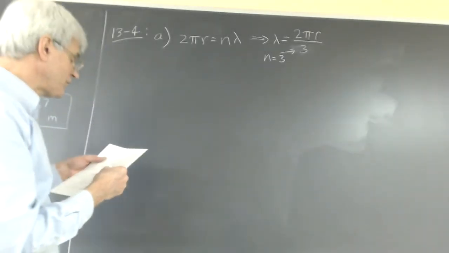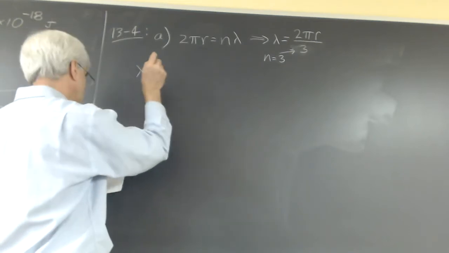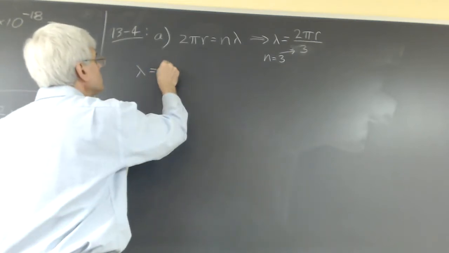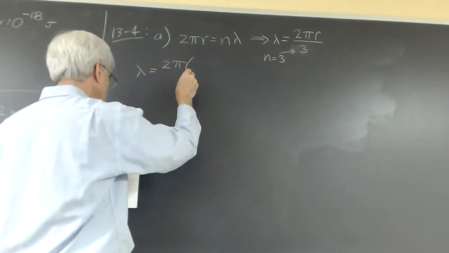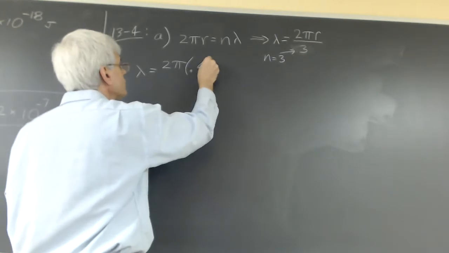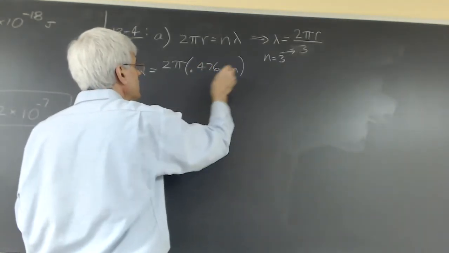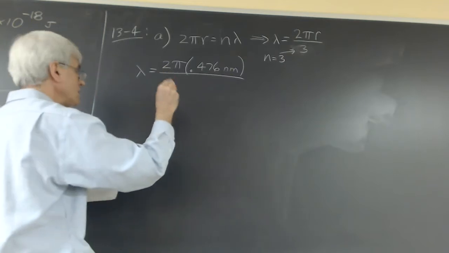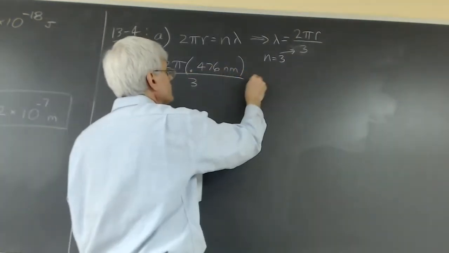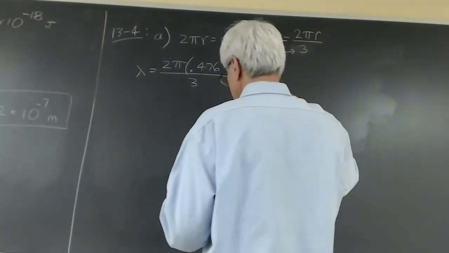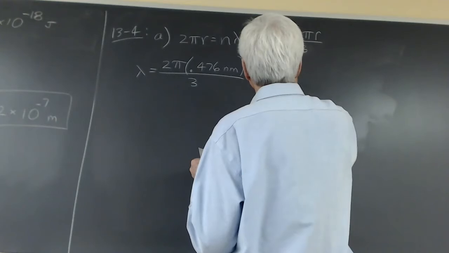It's just given in the question. So the wavelength is 2 pi times 0.476 nanometers. So the answer will come out in nanometers. 997 of them.